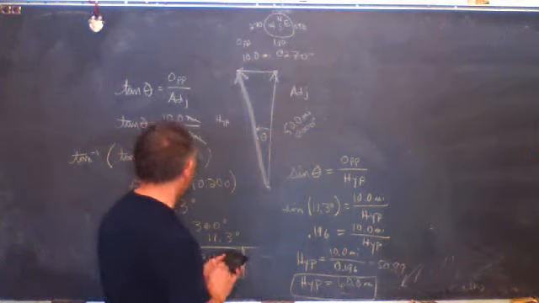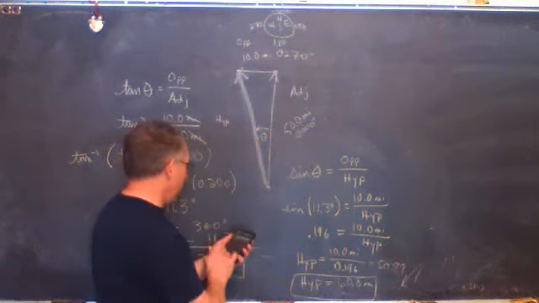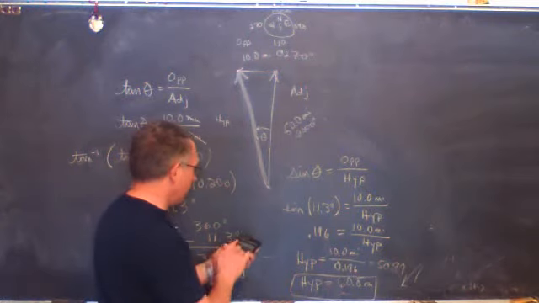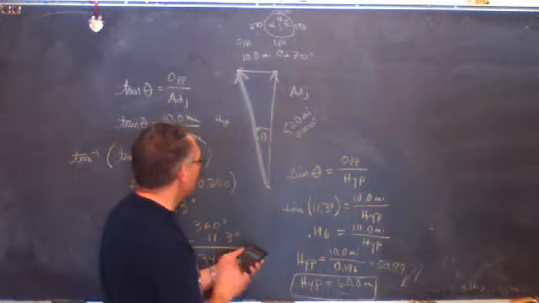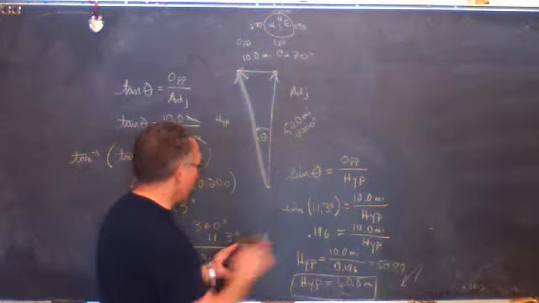Okay, so let's try this again. We have 0.2 inverse tangent. That's 11.3 degrees. That's correct. Sine of 11.3 is 0.196. Okay, and sine is the SOH, opposite over the hypotenuse.